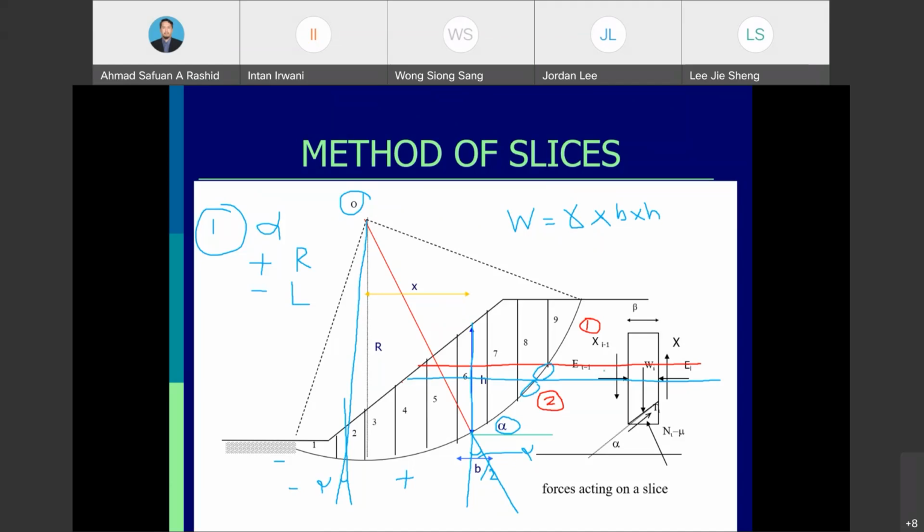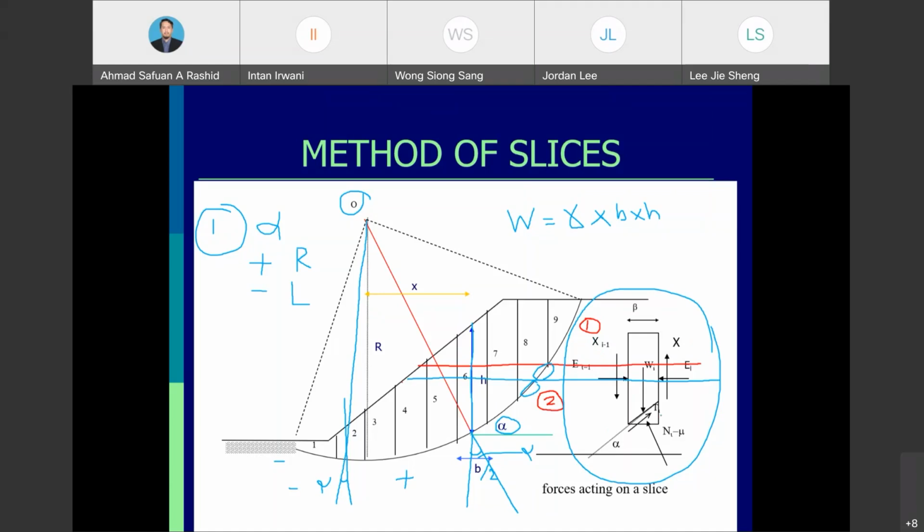This is an example of the forces acting on each slice. For example, there is a side force, X, considered as a shear force acting on the side of the slice. And then there is E, which is a normal force acting on the side of the slice.